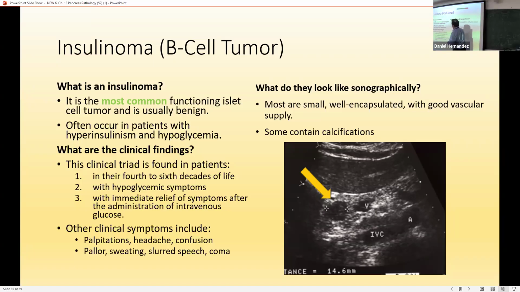That's what's going on in this case: those beta cells are hyperactive, producing too much insulin. That's hyperinsulinism, the overproduction of insulin. And when there's overproduction of insulin, their blood sugars are going to be super low. That's the hypoglycemia part. That's how we can figure out what's going on based off of their sugar levels.